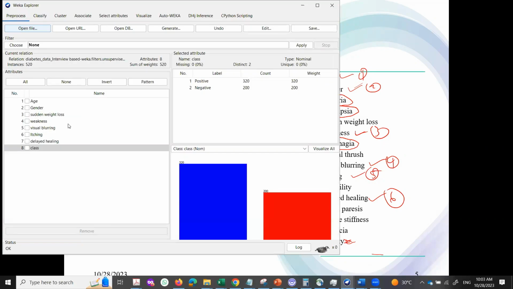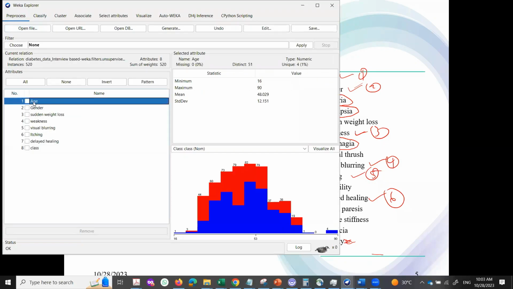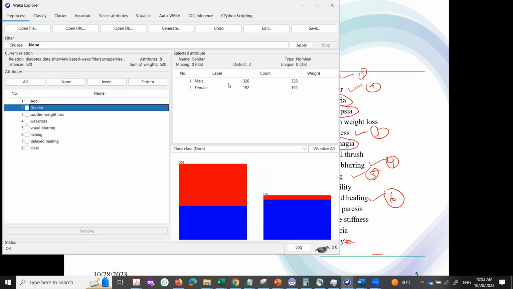So let's look at the data again. These are the data so we're looking. You can see age. These are the distribution of the age, the minimum, the maximum, the mean. We have the gender. You can see they are majority male, then female. These are attributes that you think may determine if somebody is going to be sick or not sick of this disease.